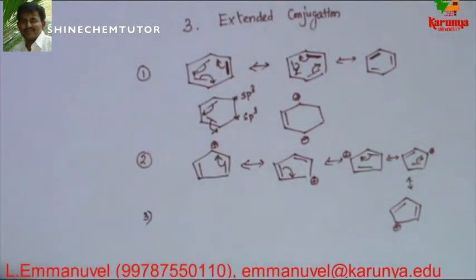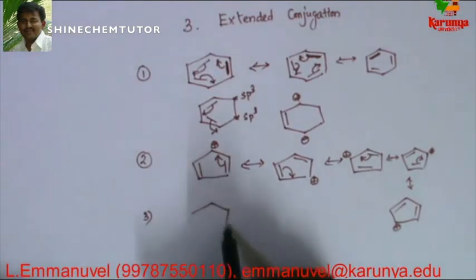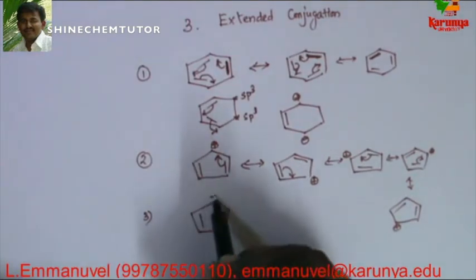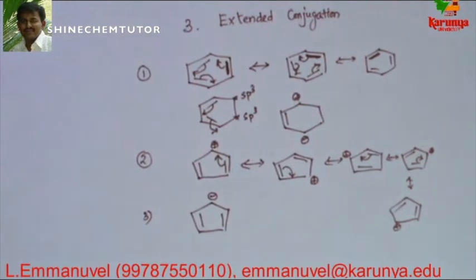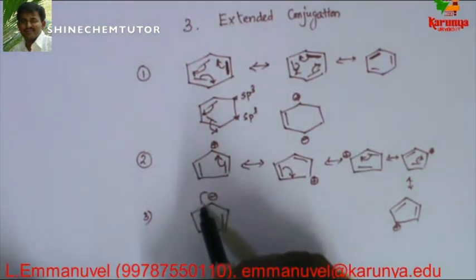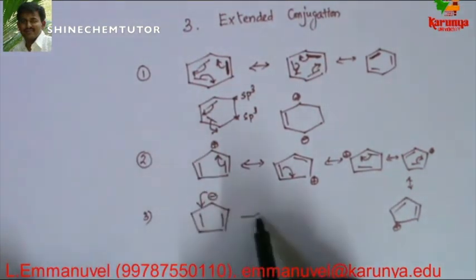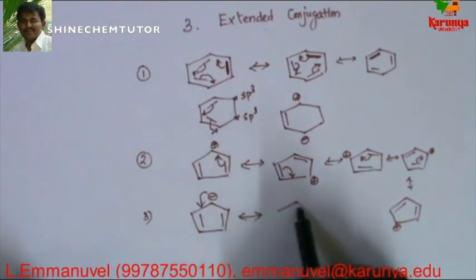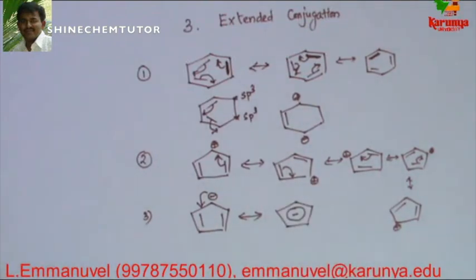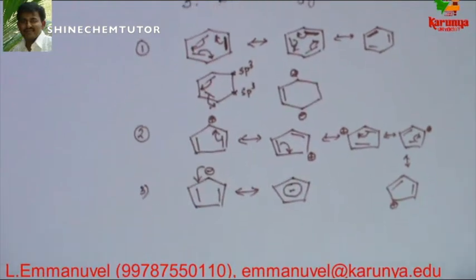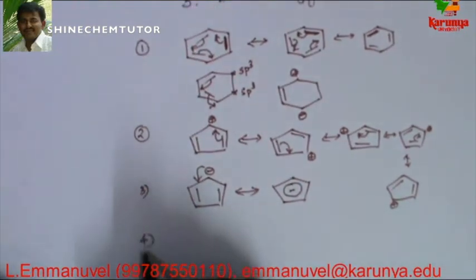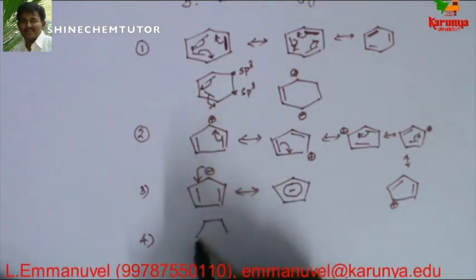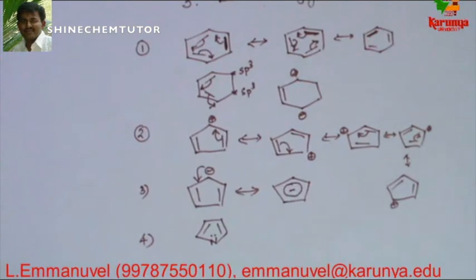Similarly, you can go for a minus charge. If you draw the resonance structure, this minus charge will be on all the carbon atoms. That's why we write like this. One more thing, a lone pair of electrons.